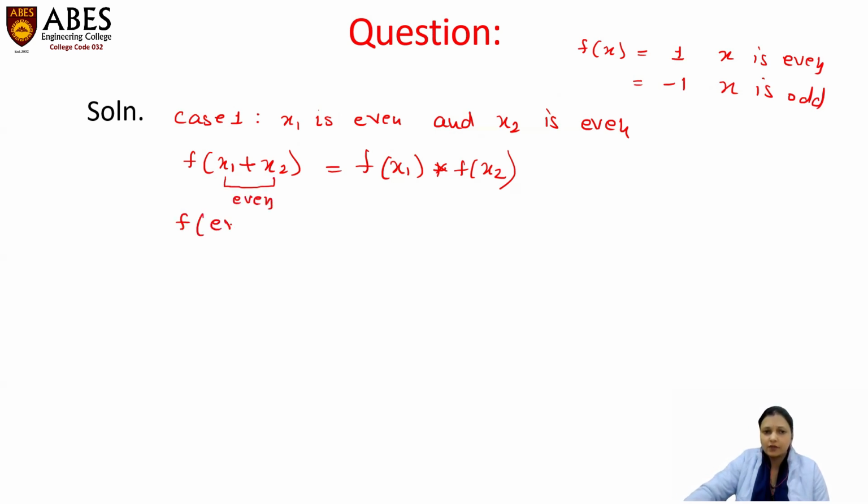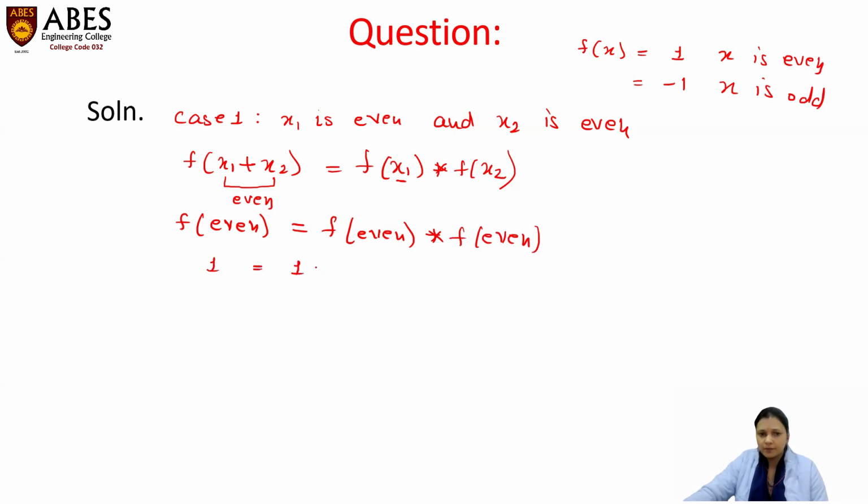So f of even, we have to check f of even into f of even, and the function is given. If the input to the function is even, we will get the output as 1. So here it will be 1 into 1. So RHS is equal to LHS. So the first case is satisfied.